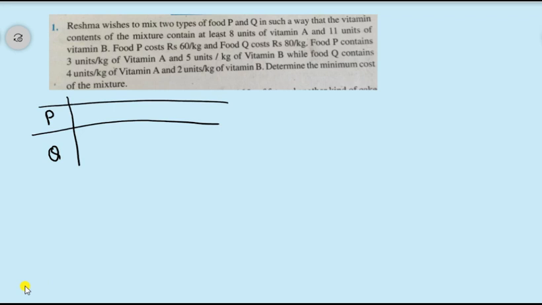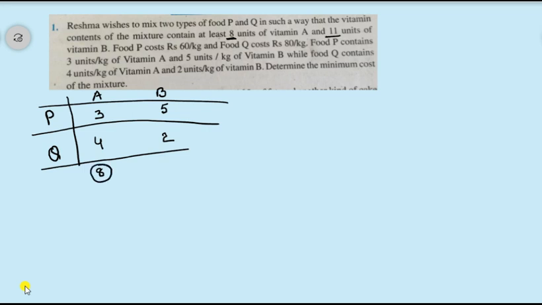It consists of vitamin A and vitamin B. Food P contains 3 units of vitamin A, 5 units of vitamin B. Food Q contains 4 units of vitamin A and 2 units of vitamin B. And also in the question he is saying at least 8 units of vitamin A, so the vitamin A minimum requirement is 8 units.